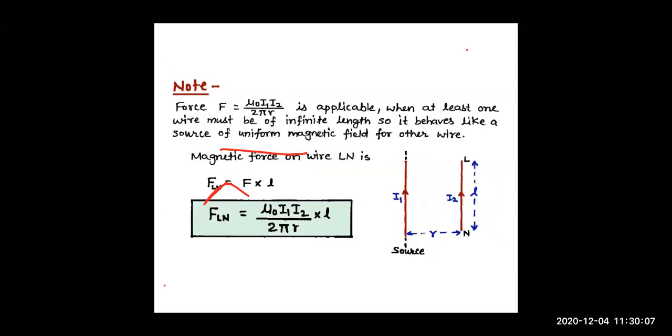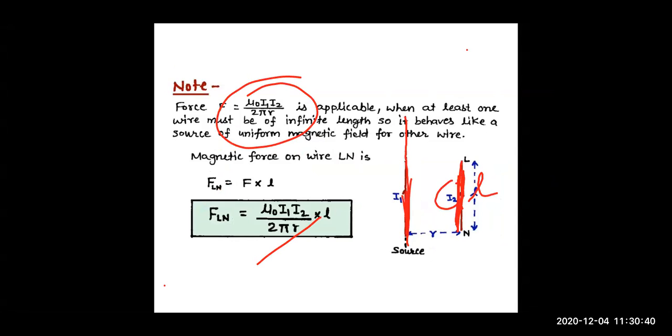Right, children? So if you remember, initially when we started, we had considered an infinitely long wire, right? So this force formula, whatever we have derived, mu 0 I1 I2 upon 2 pi r, is for an infinite length wire. Because if one length is infinite, then we will compare it with the other of finite length. So suppose the length of the other wire is L, which is carrying the current I2.